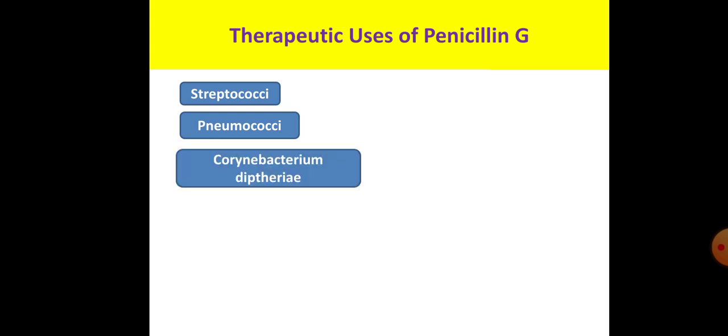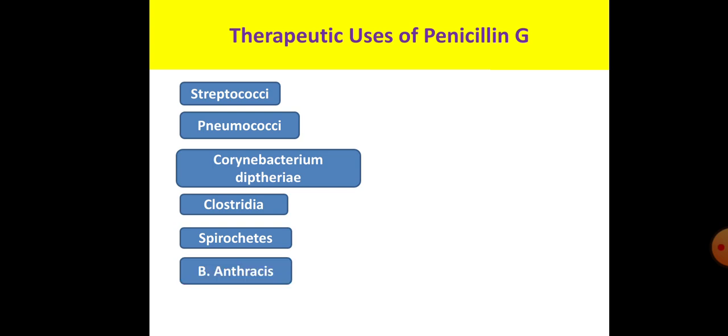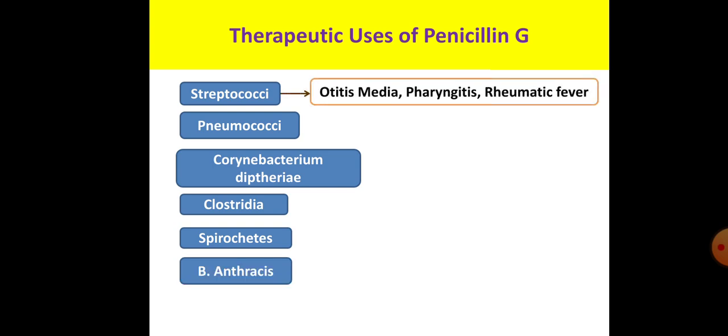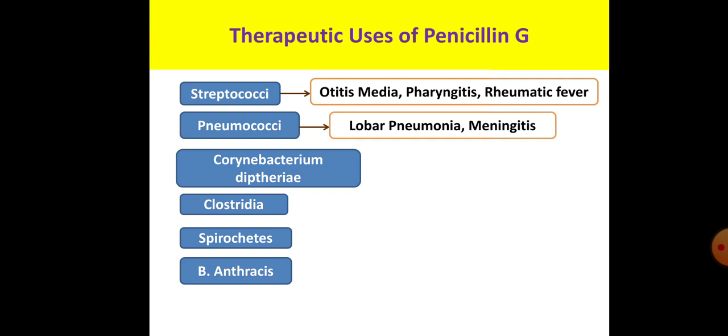Streptococci, pneumococci, Corynebacterium diphtheriae, Clostridia, spirochetes, Bacillus anthracis. So, which are the streptococcal infections? Otitis media, pharyngitis, rheumatic fever. These are the therapeutic uses. Then pneumococcal infection, lobar pneumonia and meningitis.